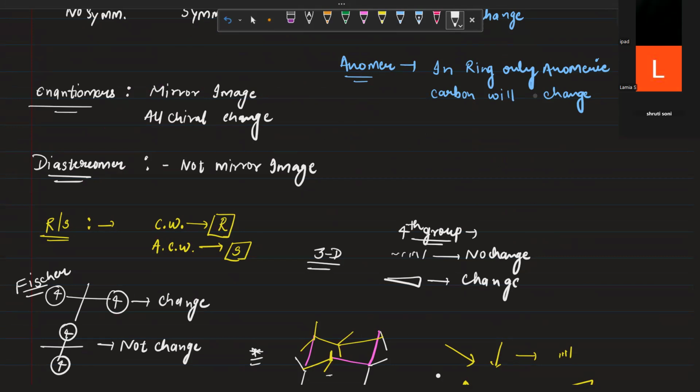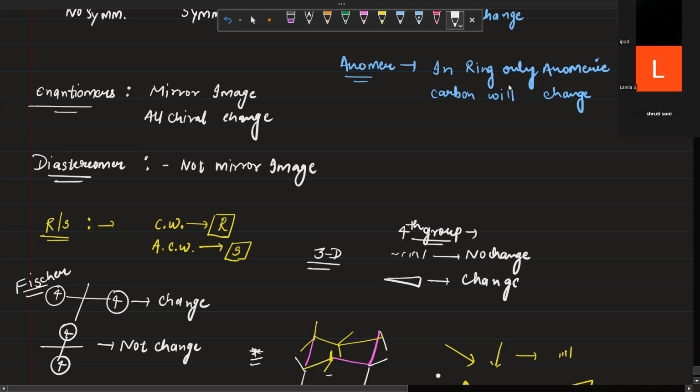Hyperconjugation I know, and inductive I know. The other ones, I don't know if they are in our syllabus in America or my college, so I'm not sure. Do you know aromaticity? Kind of, I think so. Not really, maybe not actually. I might need a refresher on that.